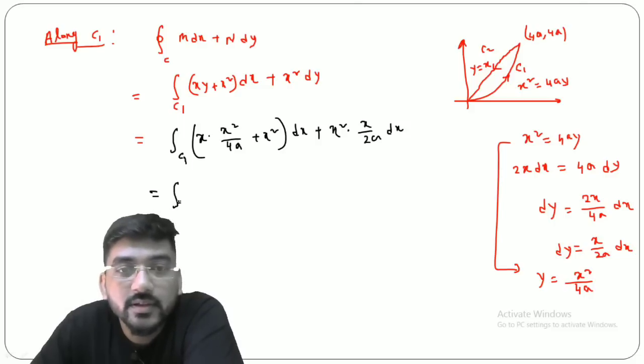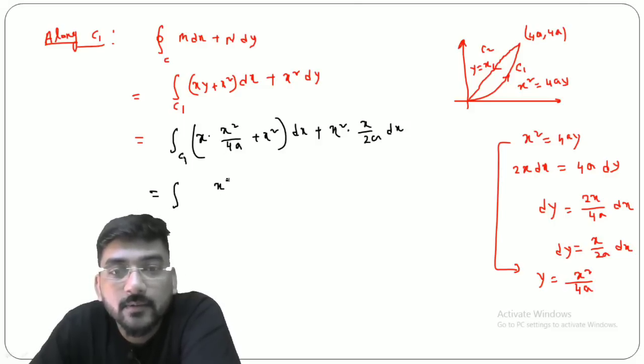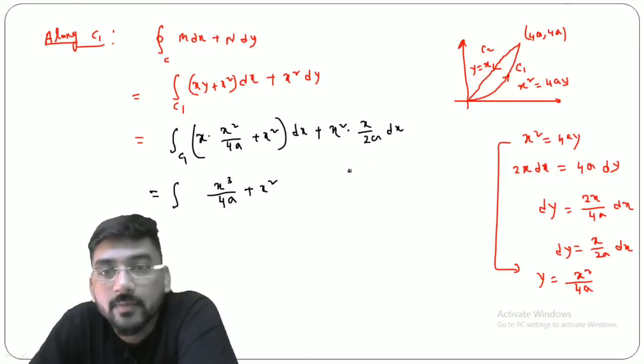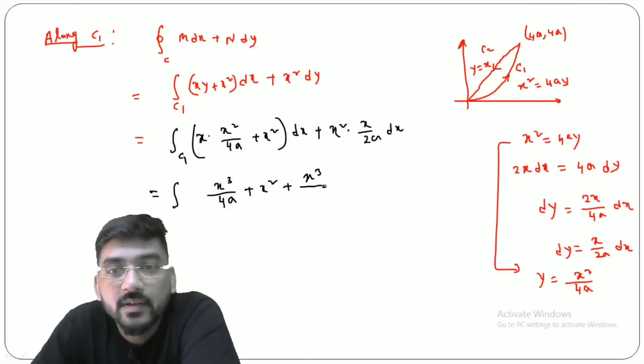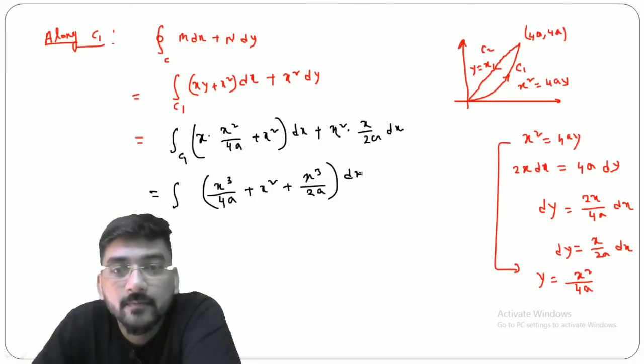So it will be the integration of x cube by 4a plus x square plus x cube by 2a, into dx.